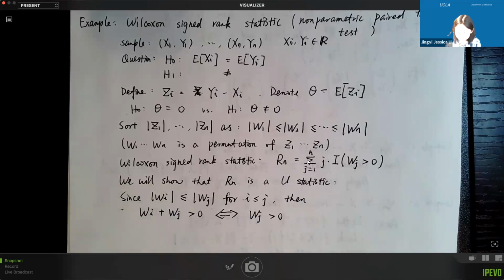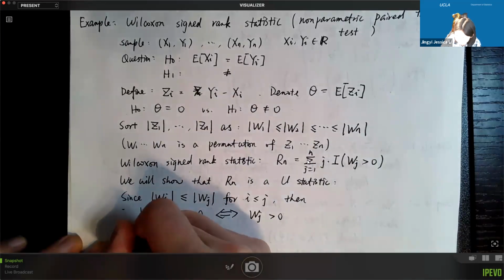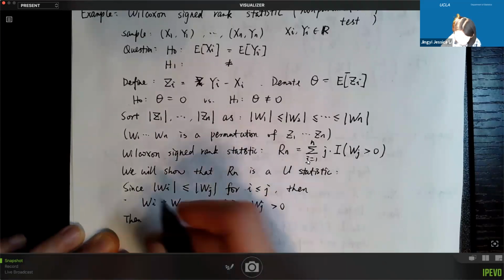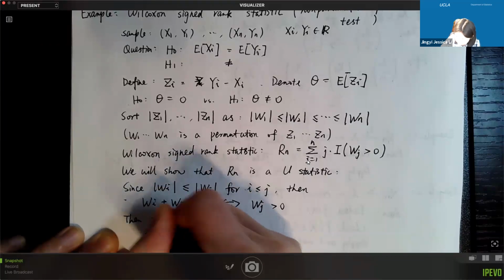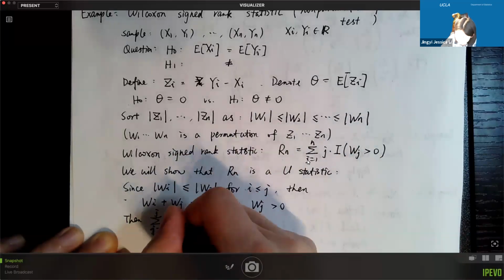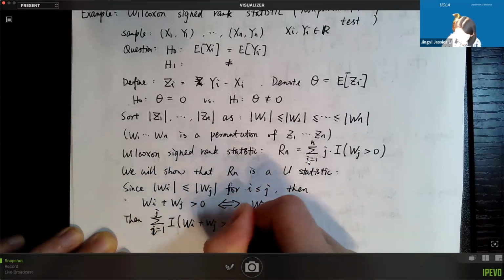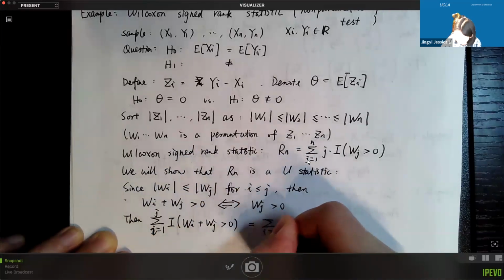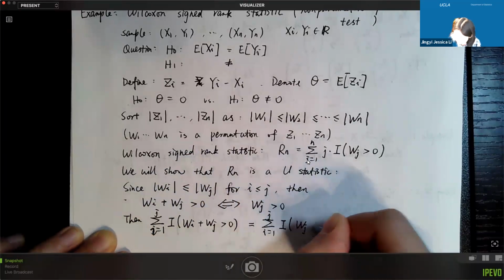So therefore, another interesting result is that if we take the summation over i, letting i go from 1 to j, of the indicator function Wi plus Wj greater than 0, this is just by the equivalence equal to the sum over i from 1 to j of the indicator Wj greater than 0.